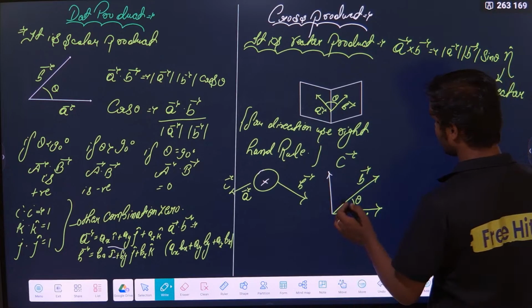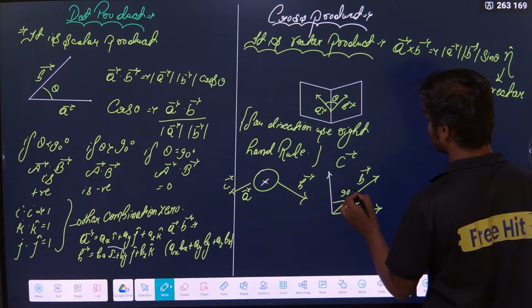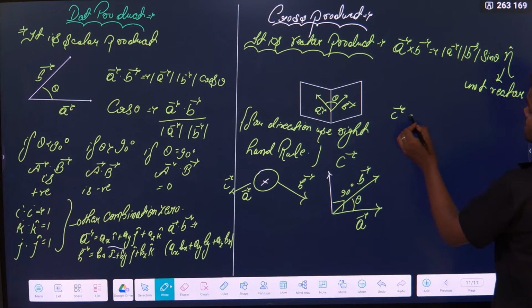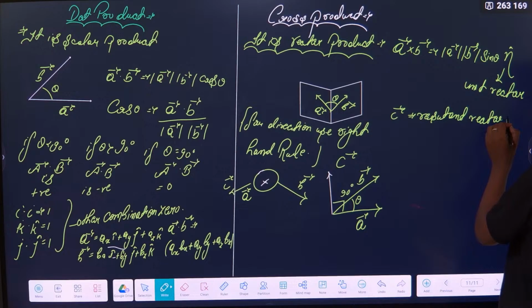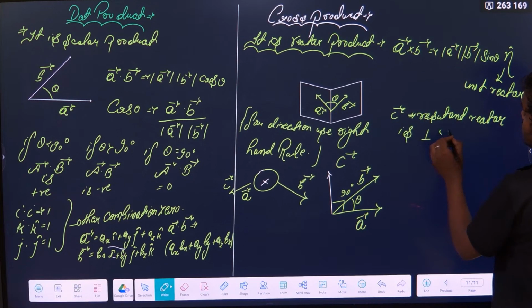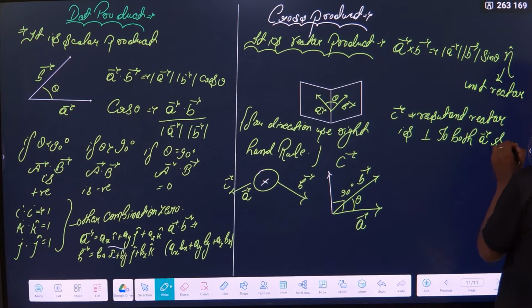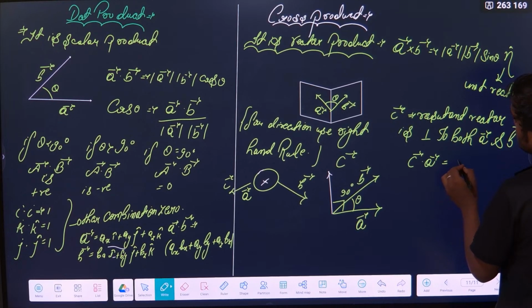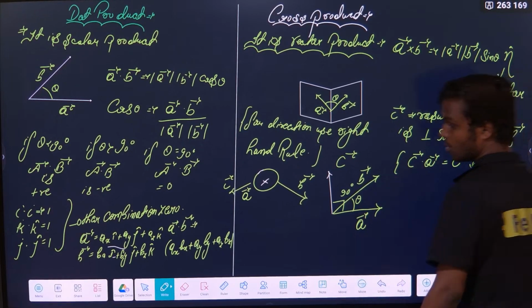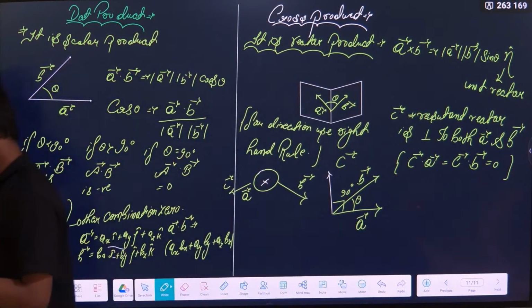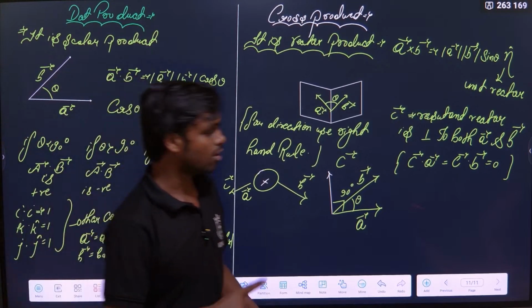So what you can see from here is that C, the resultant vector, is perpendicular to both A vector and B vector. So C dot A and C dot B should both be equal to 0. That is one important point. So first, how to find the direction. Second, how to find the magnitude. Now how to find the magnitude?